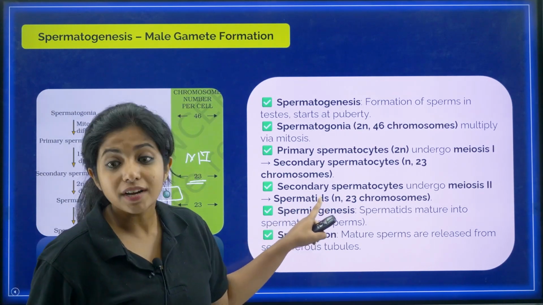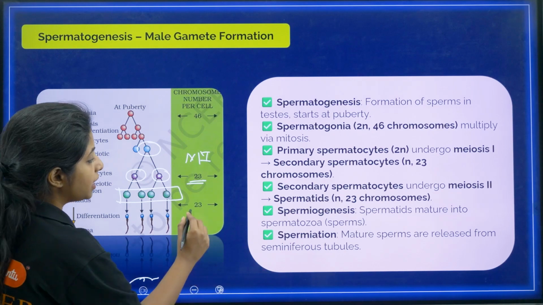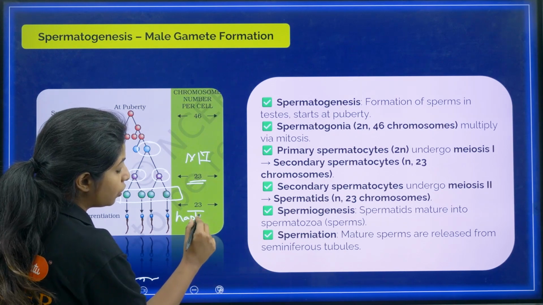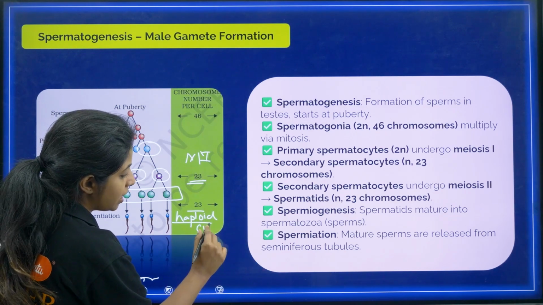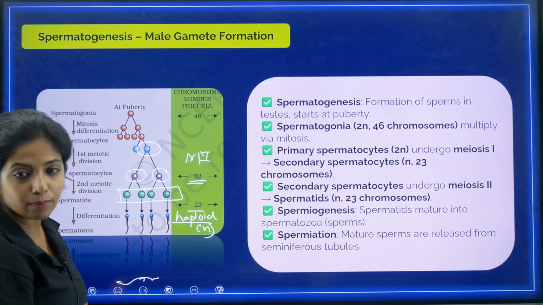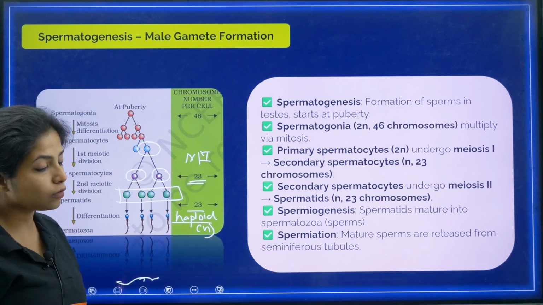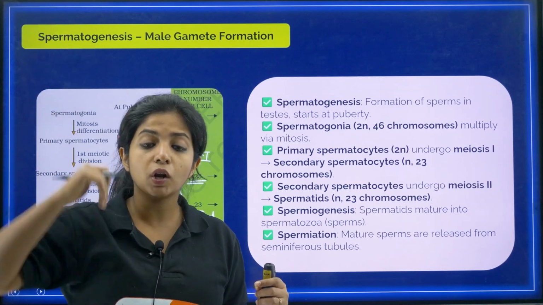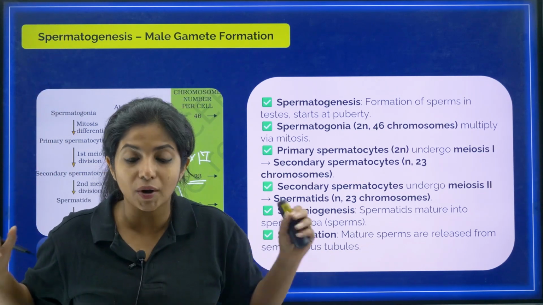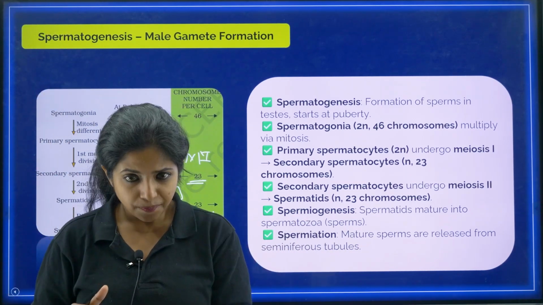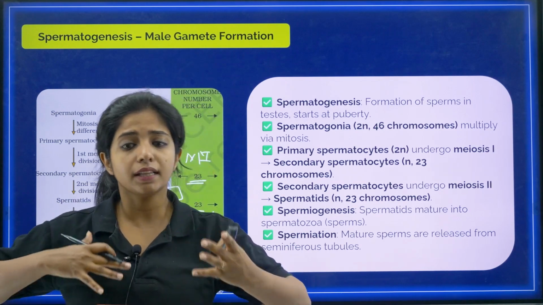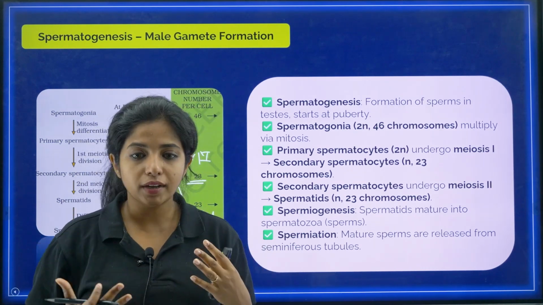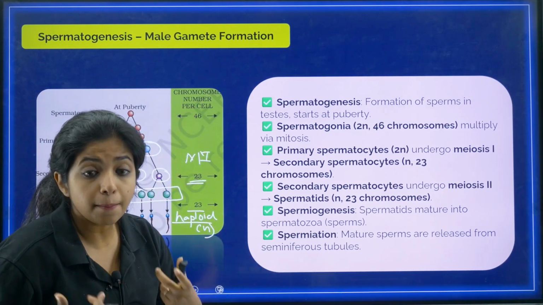How many? 4 spermatids. And what is the ploidy? It is haploid. It has just half the number of chromosomes. So it's just n. If this was 2n, this is n, my dear children. Now spermatids are like kids, they are not mature. Sperms usually have an elongated structure, but spermatids do not. So the process where they undergo maturation is known as spermiogenesis.